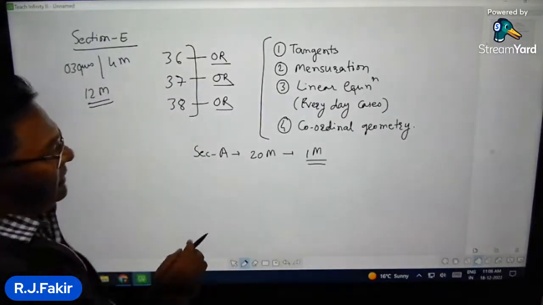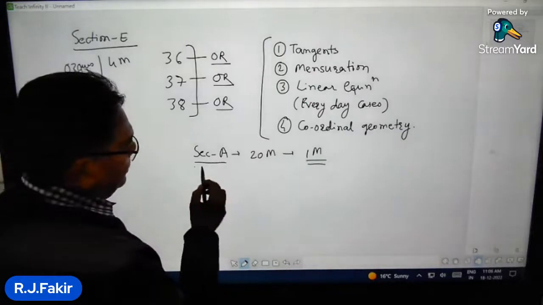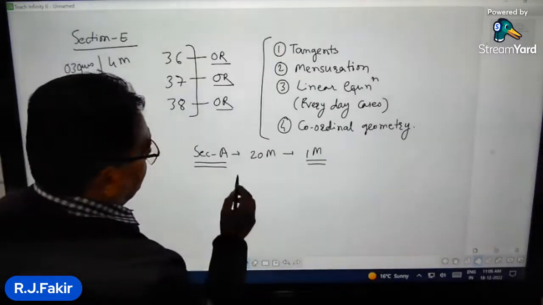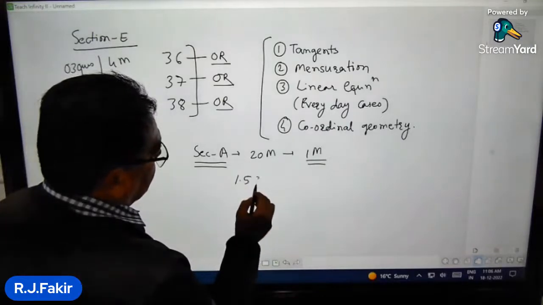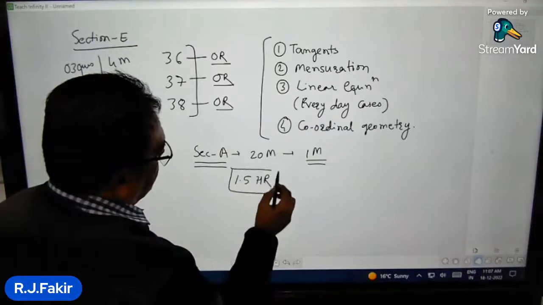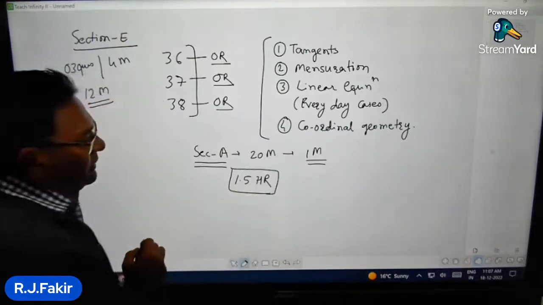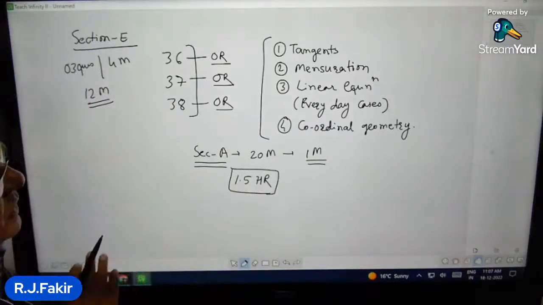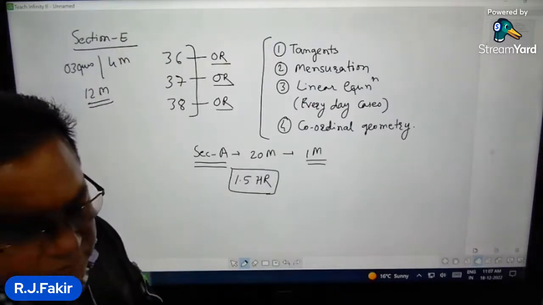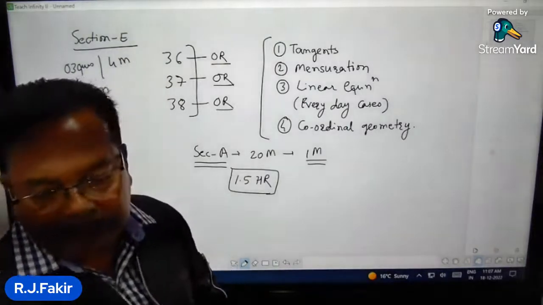I am observing nowadays that in pre-board you also have observed this thing that around 1.5 hour without knowing you have consumed. That means half of your time you have consumed while solving this section A only.